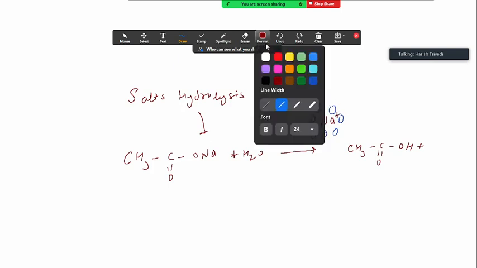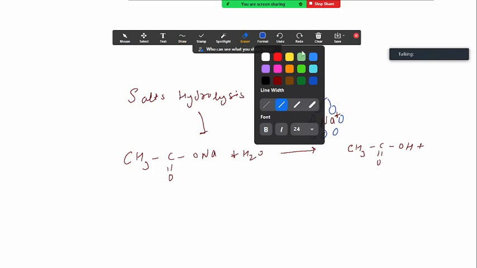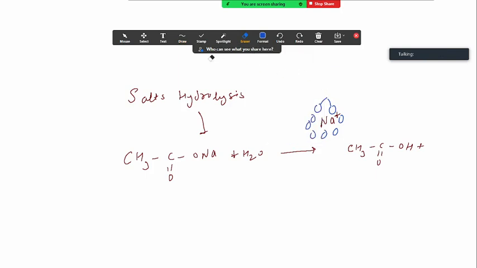So what is the structure of the water molecule? I think you know, but let me show. Suppose it is oxygen, so here it will be hydrogen and hydrogen.